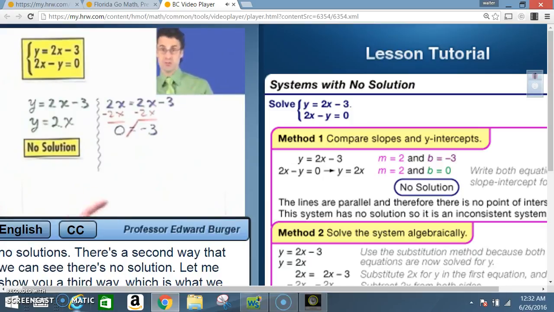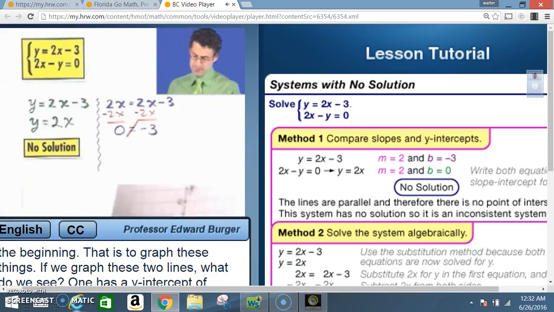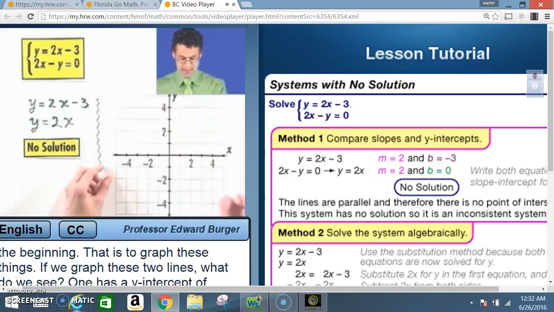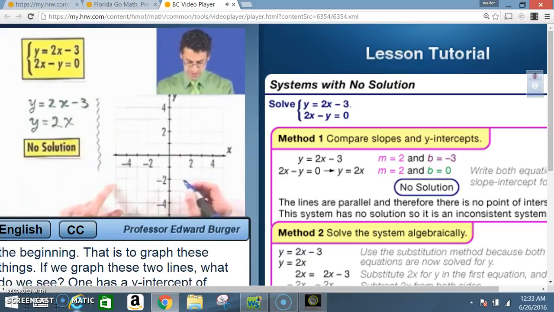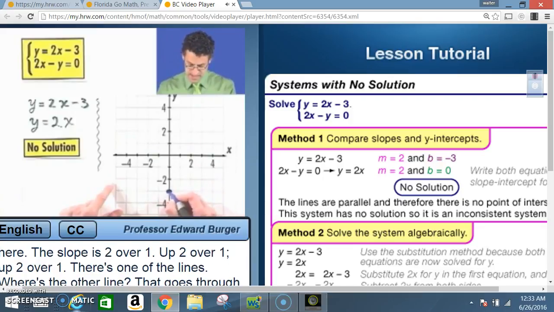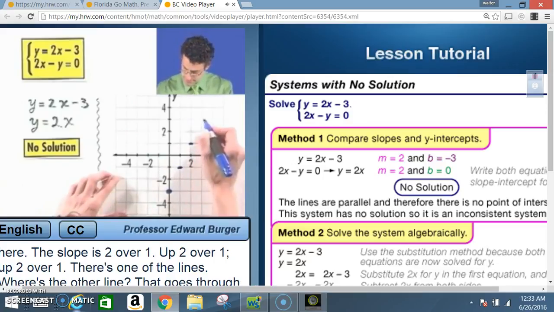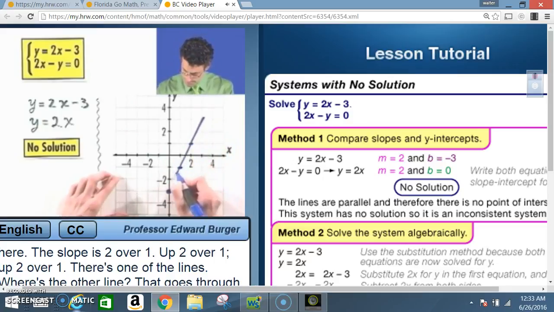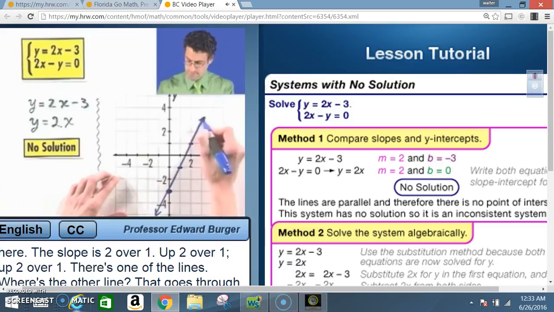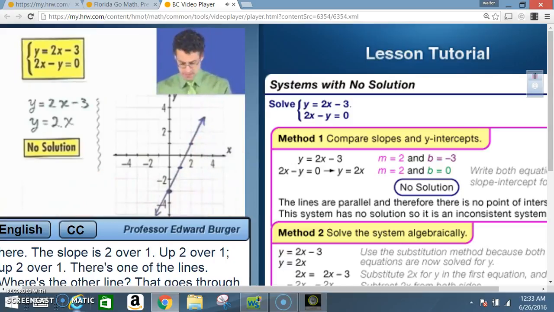Let me show you a third way, which is what we talked about at the beginning, which is to just graph these things. If we graph these two lines, what do we see? Well, one has a y-intercept of negative 3, which is right here. And the slope is 2 over 1, so up 2 over 1. Up 2 over 1. And so there's one of the lines. Now where's the other line?